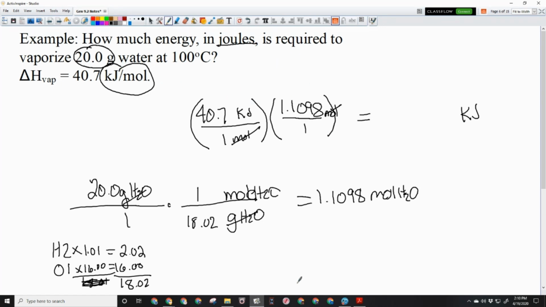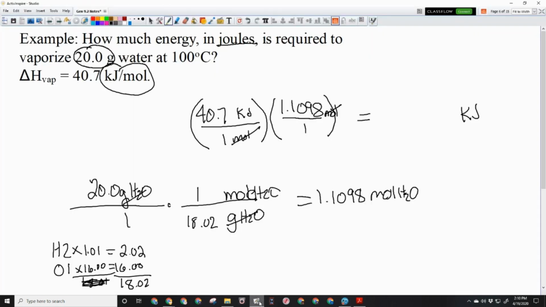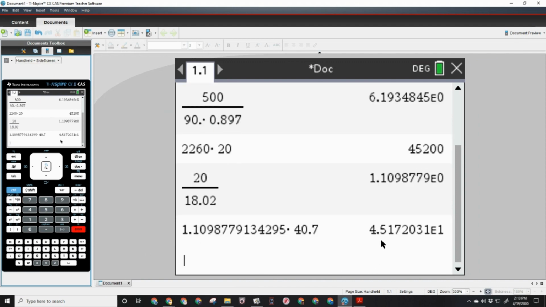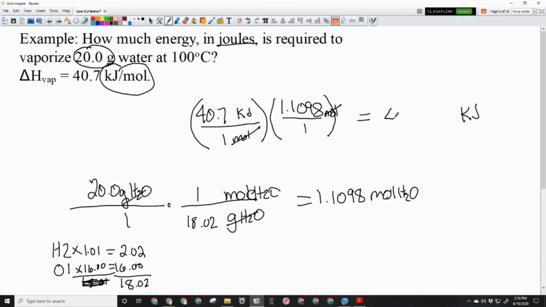So we're going to take this answer and multiply it by 40.7. That's going to give us 45.1720 kilojoules. But it's asking how many joules.